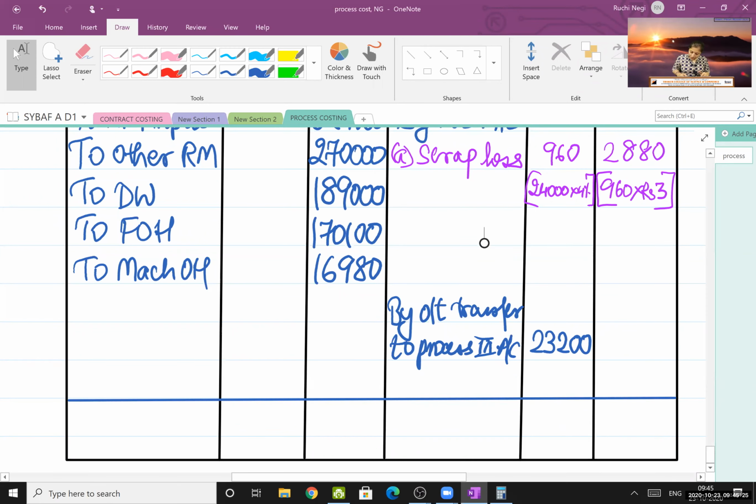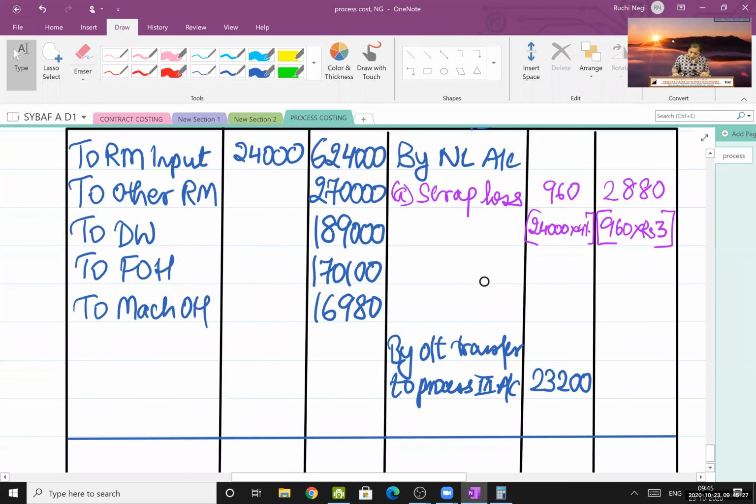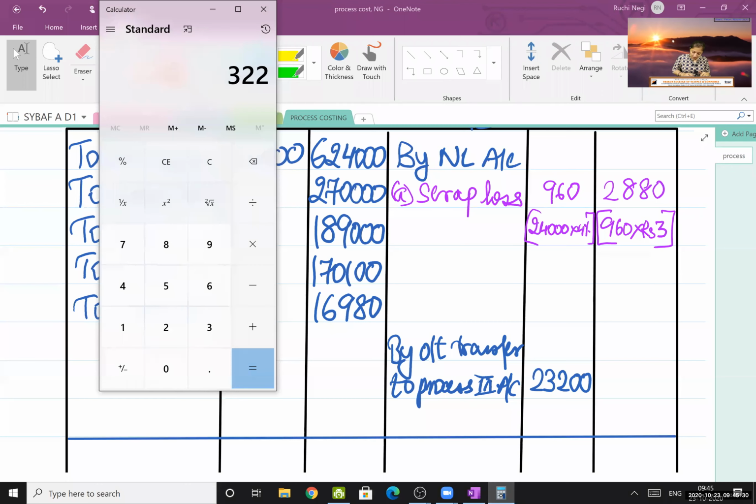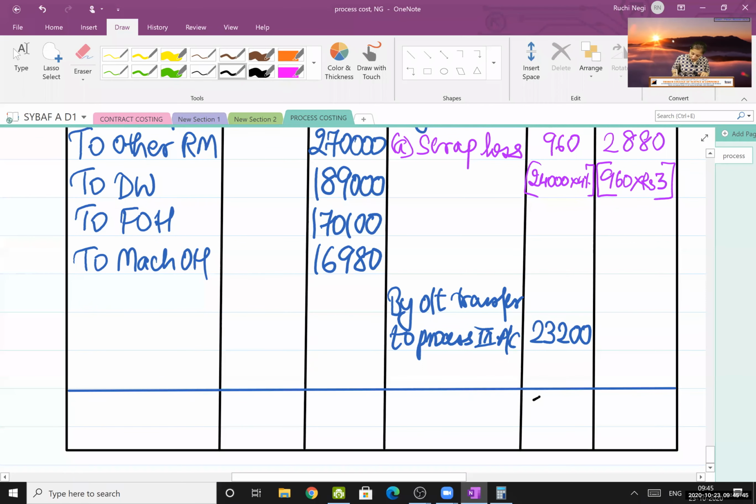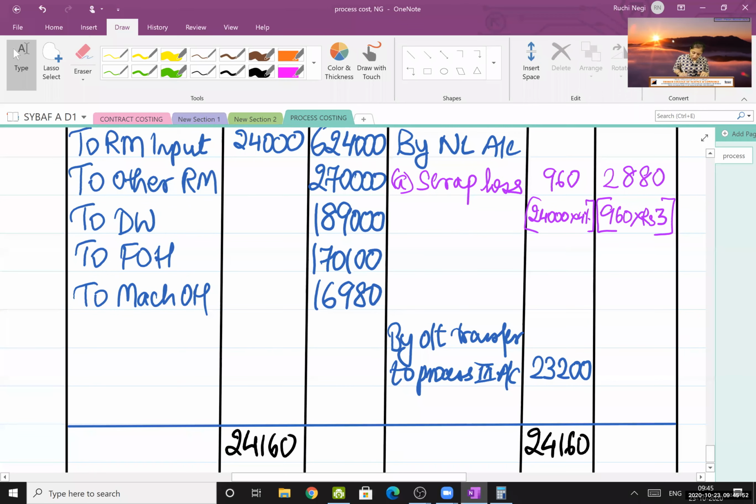ठीक है, फाइन, चेक. 23,200 प्लस 960, 24,160. ये एक्सेस हो गया है, ठीक है, क्रेडिट साइड इज मोर. So write your 24,160. Okay, माइनस 24,000, सो 160 का एक्सेस है, तो ये एबनॉर्मल गेन है.